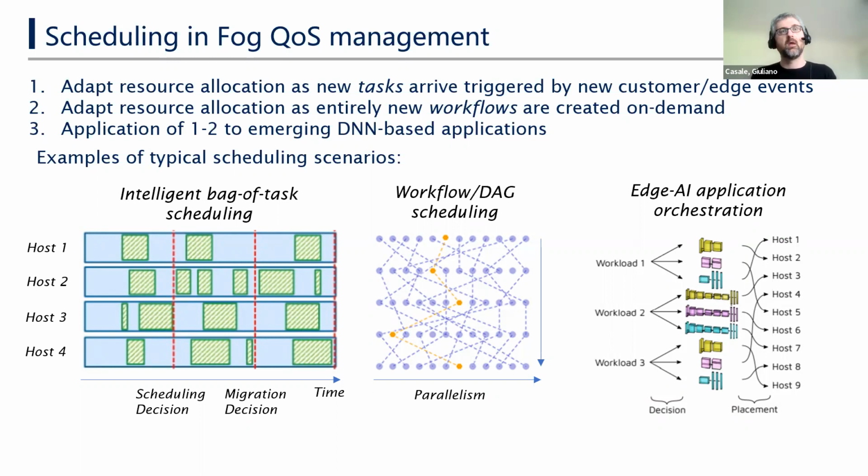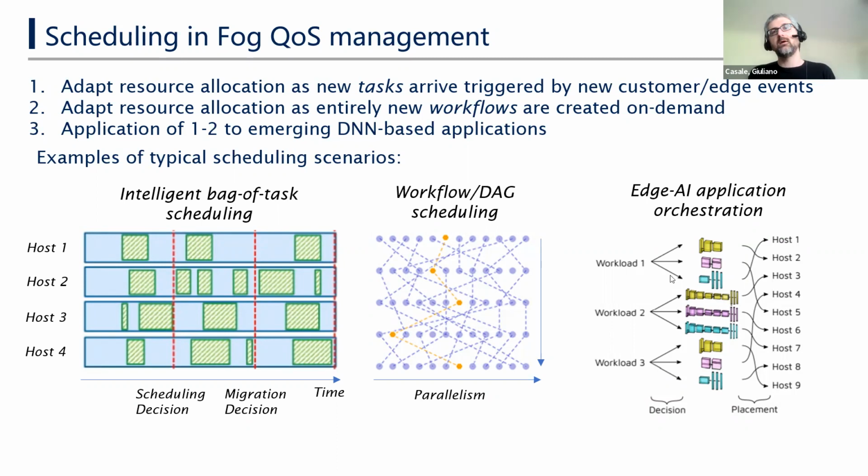This is one setting for scheduling, but there are also more complex scheduling settings that we will also discuss that deal with workflows, where you have parallelism, but also precedences. And so you cannot start certain tasks until the precedences have been met, which means that certain other tasks must have completed before.